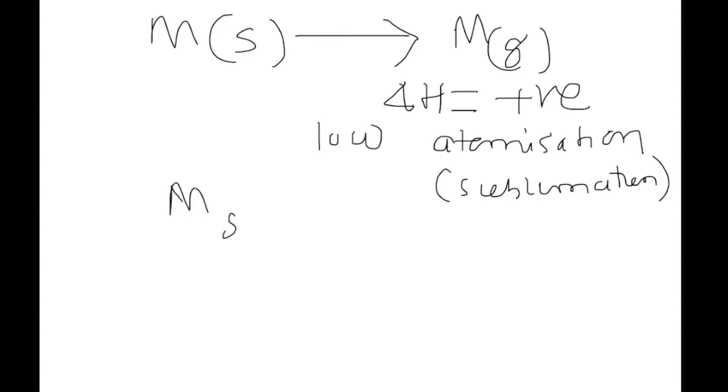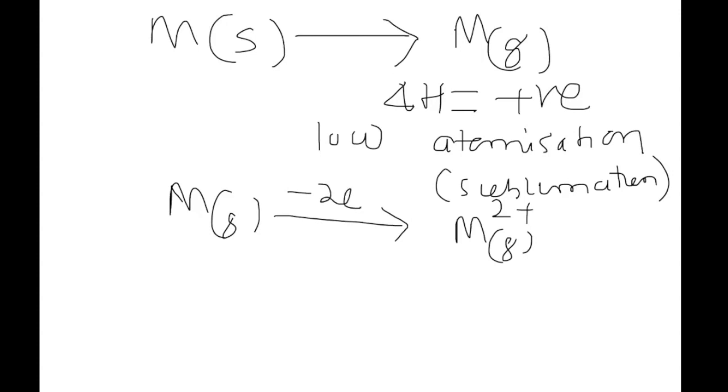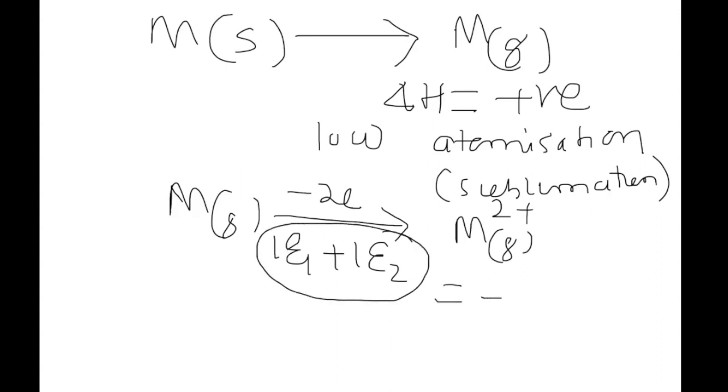The metal gas form can lose 2 electrons to form dipositive ions. The energy required is called first and second ionization energy. First ionization energy plus second ionization energy. This total energy is also endothermic. As it is endothermic, it should be low.